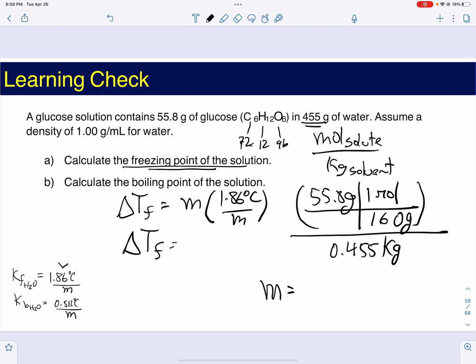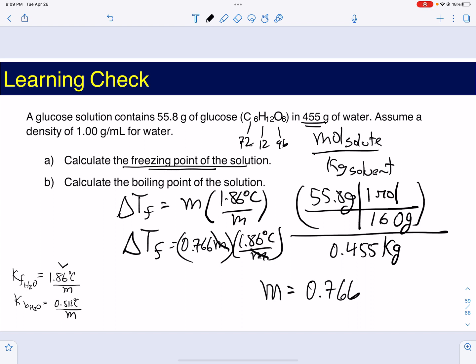So our molality is going to be then 55.8 divided by 160 divided by 0.455. It's going to be 0.766. So 0.766, that's the molality, times 1.86 degrees Celsius over molality.